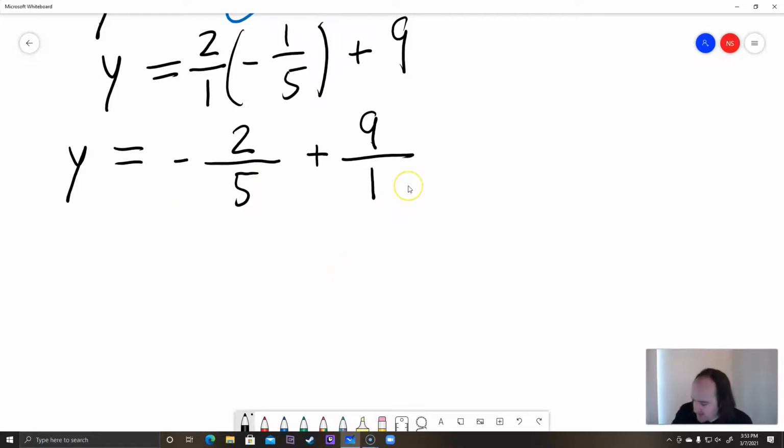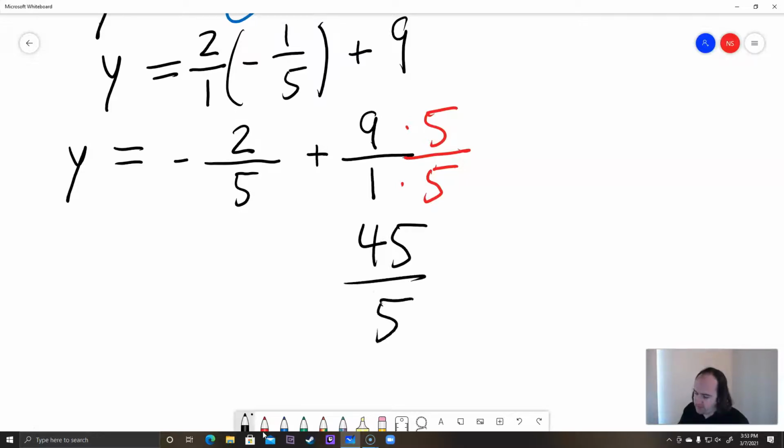So we're going to multiply the second fraction by 5, but you have to multiply on both the top and the bottom. Okay? So that second fraction there is going to become 9 times 5 is 45 over 5. And the first fraction is still negative 2 over 5. So we have negative 2 over 5 plus 45 over 5.